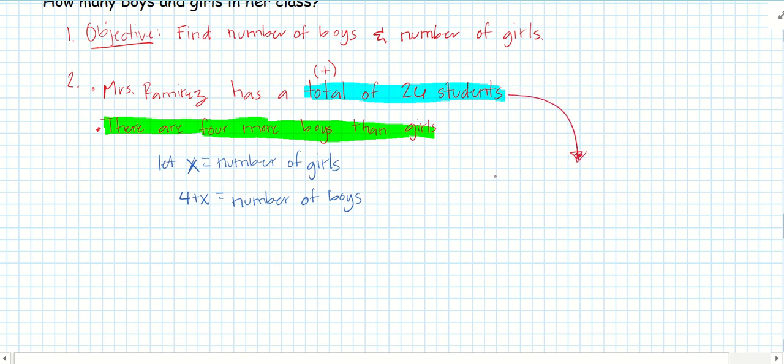So that means boys plus girls equals 26. Okay? But now we know that for boys, we have 4 plus x, right? So instead of boys, I'm going to go ahead and replace that with 4 plus x. And then we see that the number of girls is represented with x, right?